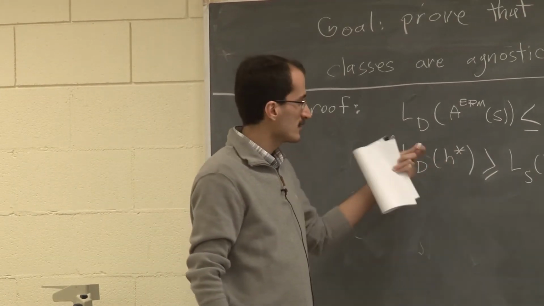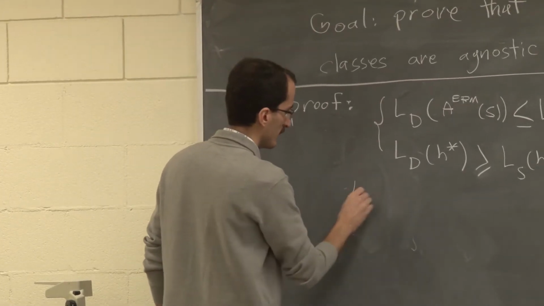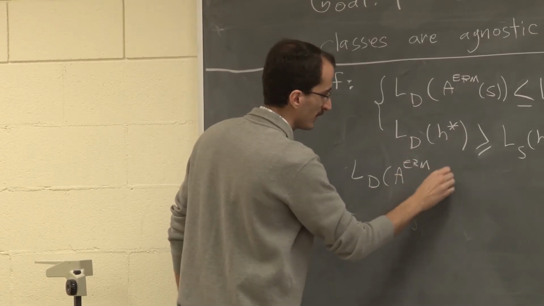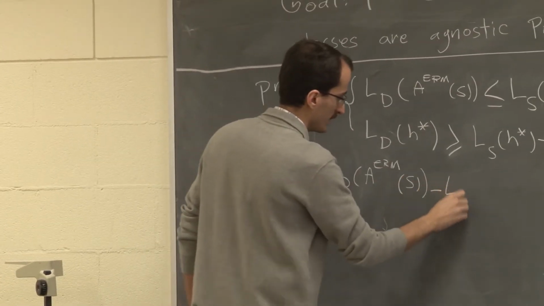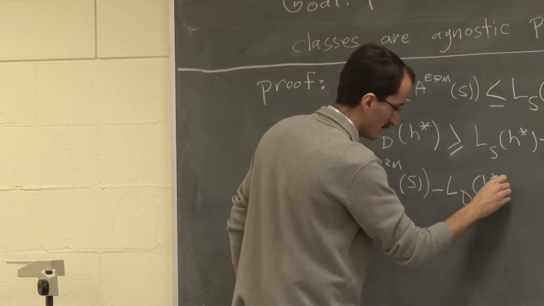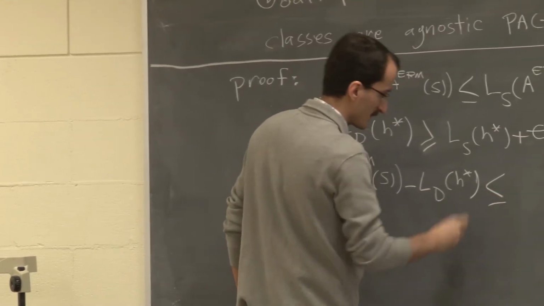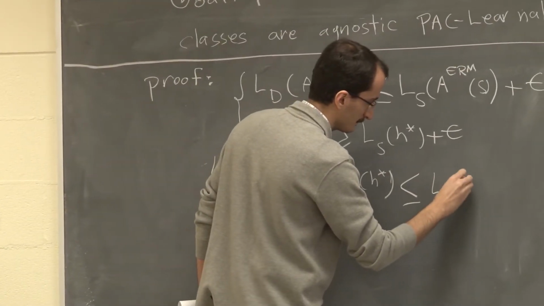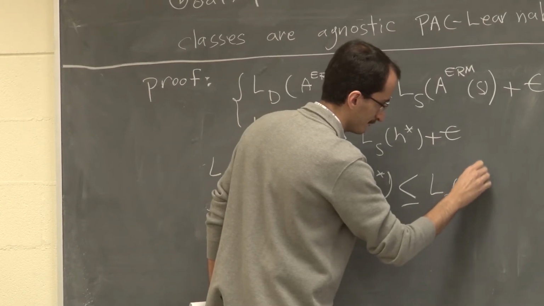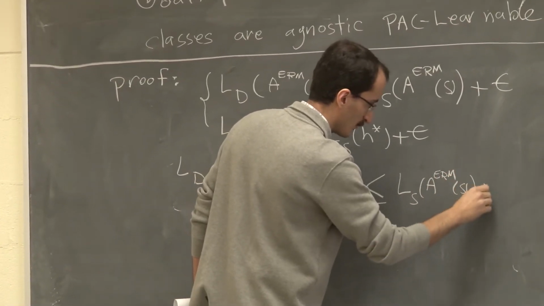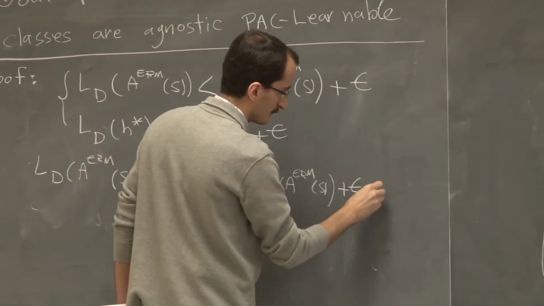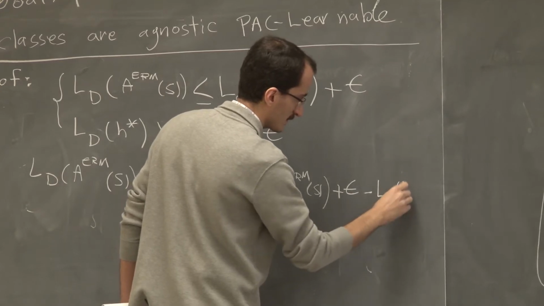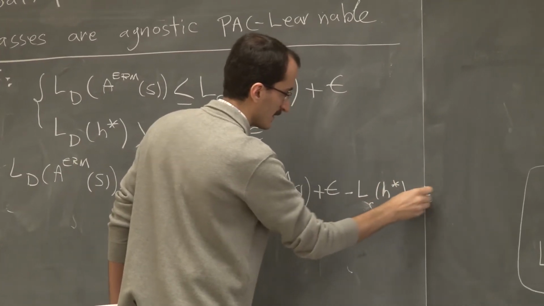Both cases will work. So using these two, we can combine them together to say that L_D of ERM of S minus L_D of H star is smaller than, you can substitute L_S here, plus epsilon, minus L_S of H star, again plus epsilon.